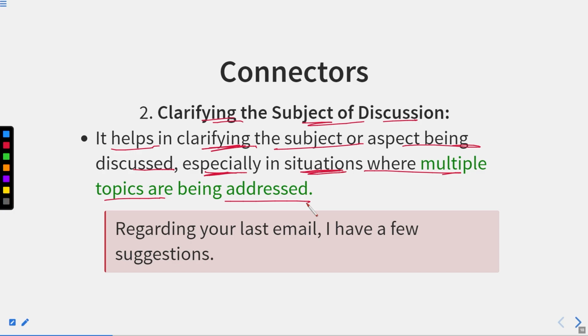But if the topic is clear, for example, if there is a company providing jobs in various sectors, there are multiple employees applying for various jobs. Maybe some are for subject matter experts, some are faculties, or graphic designers, video editors. There are multiple options, and multiple employees are applying in the same company.